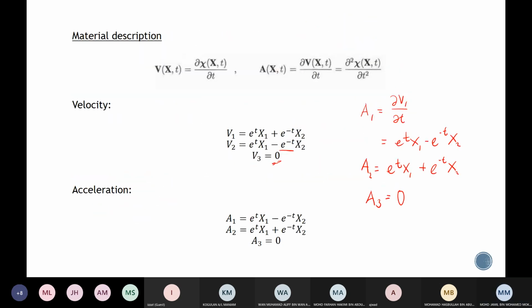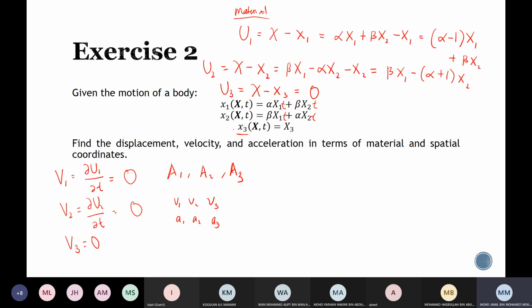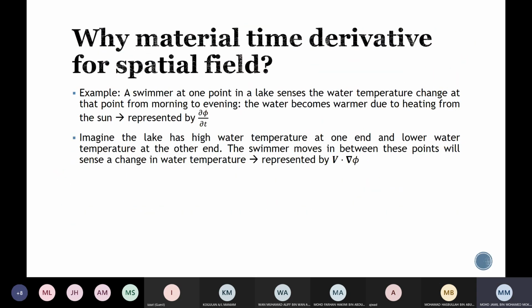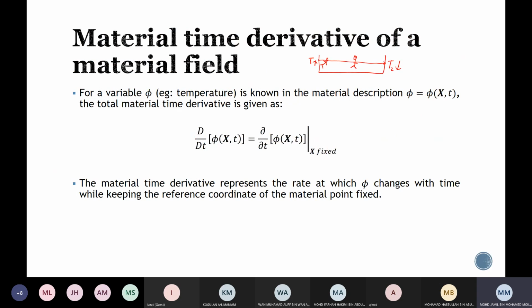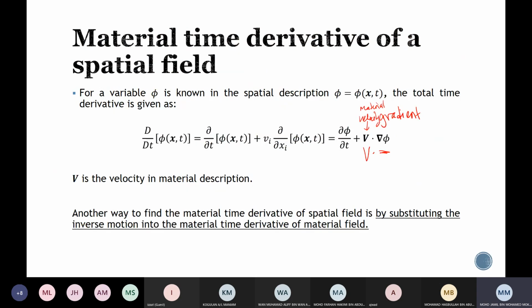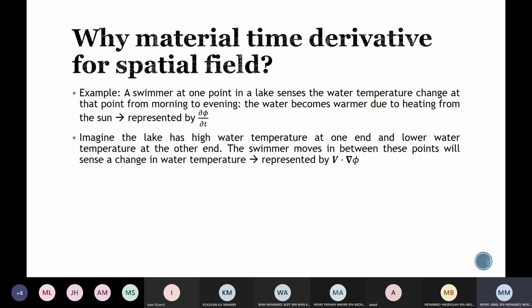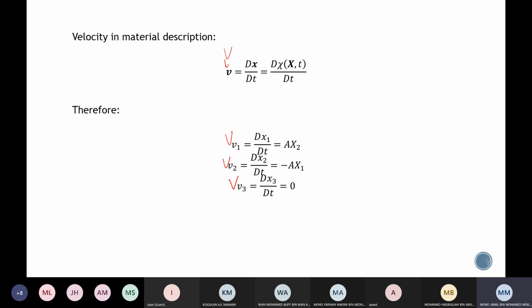And starting next week, all of this will be used again, but in a different way. We will look at how to measure the deformation, and from the deformation we get strains.